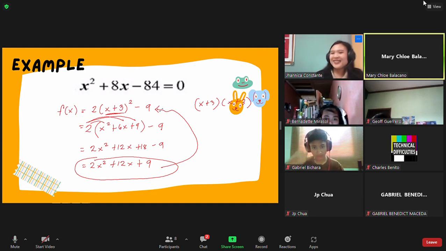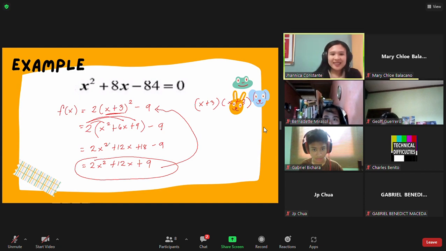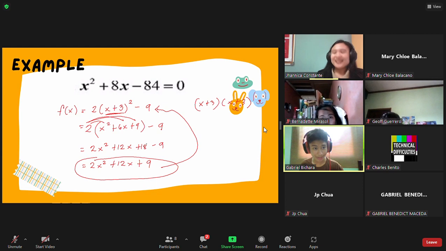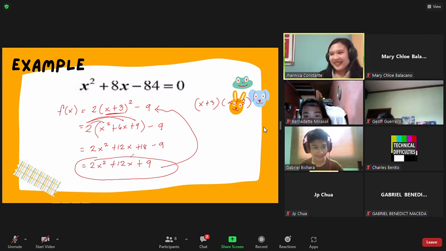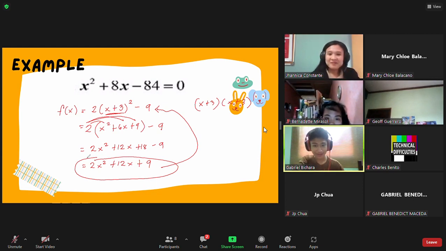Yes po. Saan galing ang 18? 9 times 2 is 18. Also, teacher, what is the point of this FOIL in the top right? What was the point of doing that?